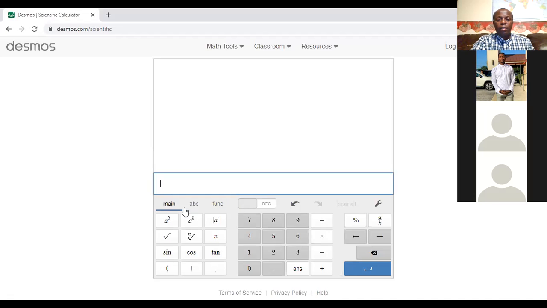We have 3.707 times the standard deviation of 1610.27. I'm going to put this in parentheses, divided by the square root of 7.